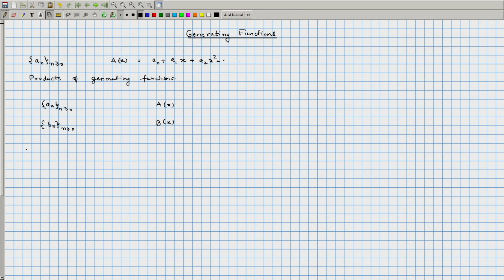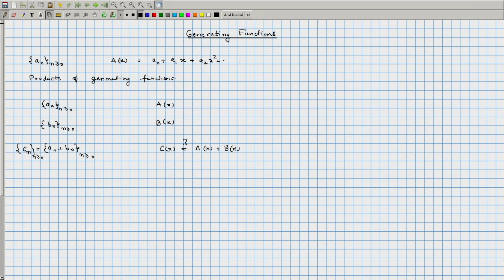Now, if we define a new sequence Cn which is equal to An plus Bn, so the nth term of the sequence is An plus Bn, for this Cn, what will its generating function be? Will Cx be equal to Ax plus Bx?